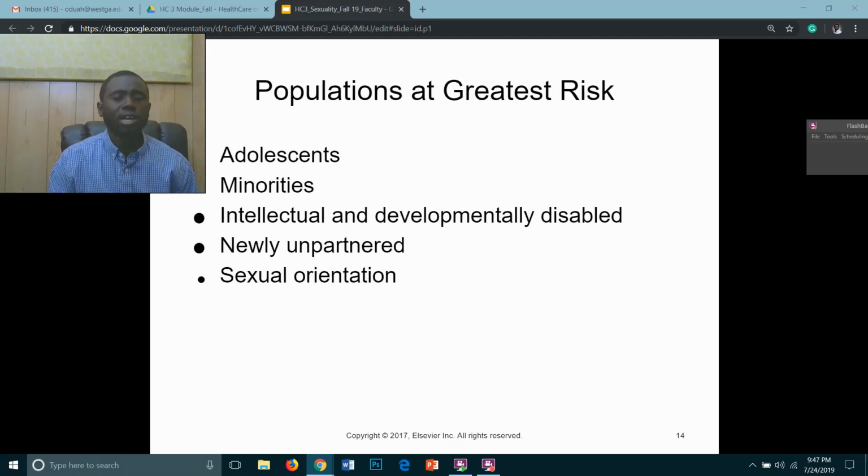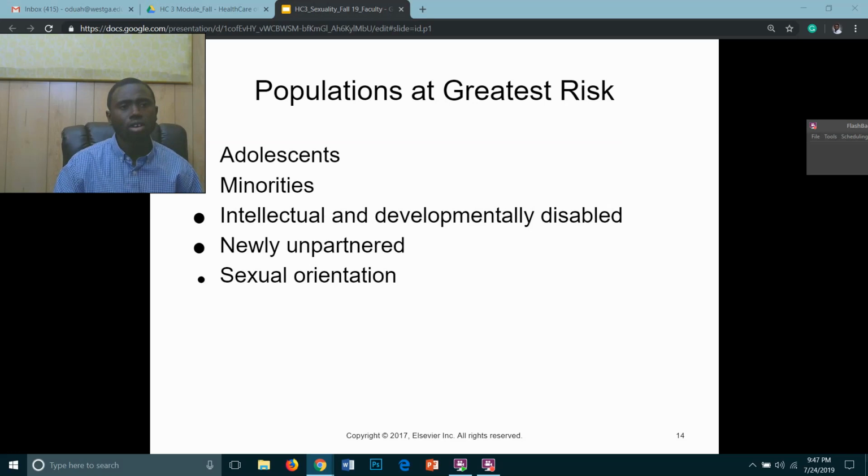There are certain populations that can also be at greater risk for sexual impairment. One of them are adolescents. Adolescents have a high risk for teenage pregnancy and sexually transmitted infections. This is mainly because of hormonal changes and their lack of a well-developed sexual awareness, and therefore they tend to be more promiscuous and to be not committed to long-term relationships.